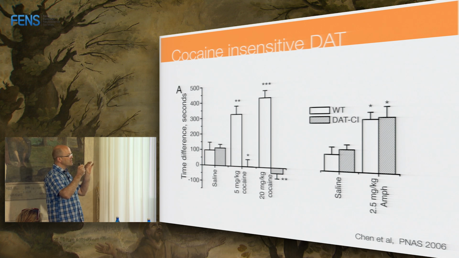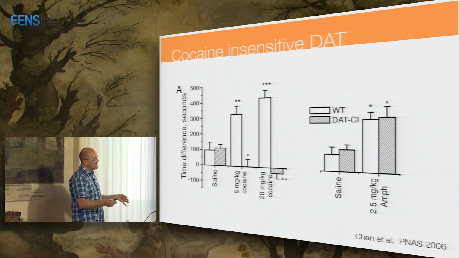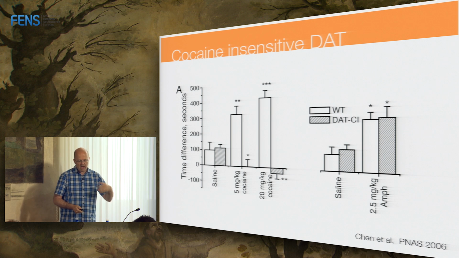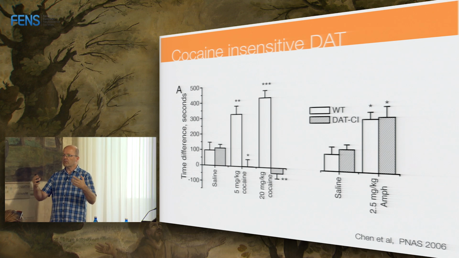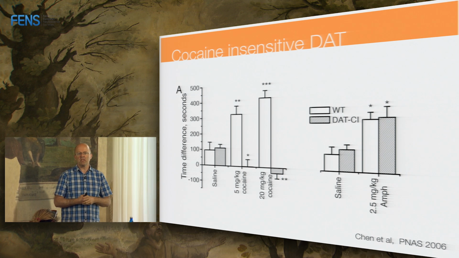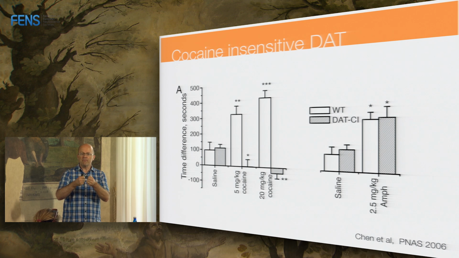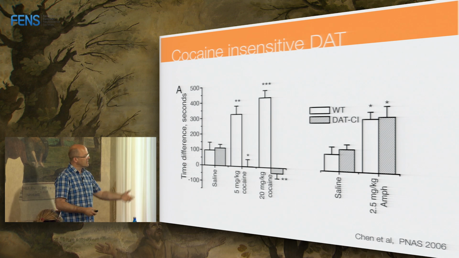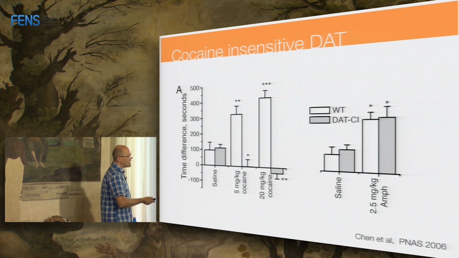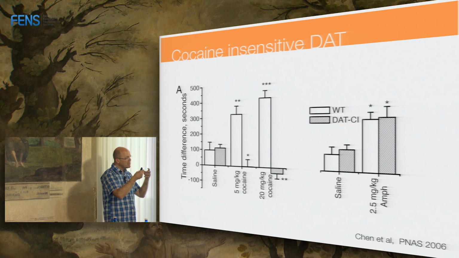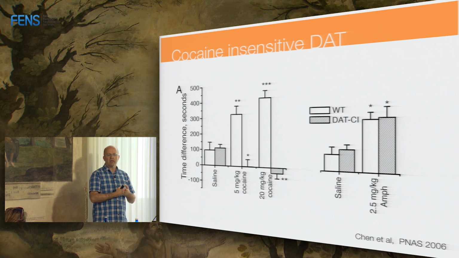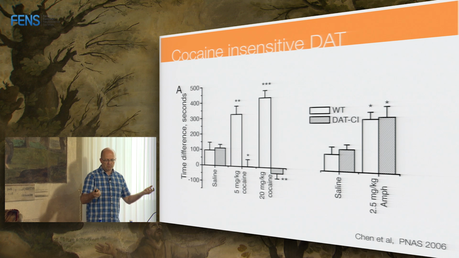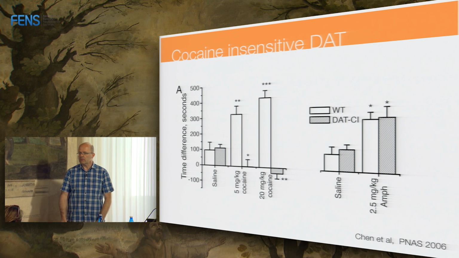So now we have not only a very clear behavioral observation, but we have a molecular explanation for what happened with the dopamine transporter knock-in, and by refining the genetic manipulation, we had the explanation that this is really the most likely target that cocaine uses in order to increase dopamine and eventually use.